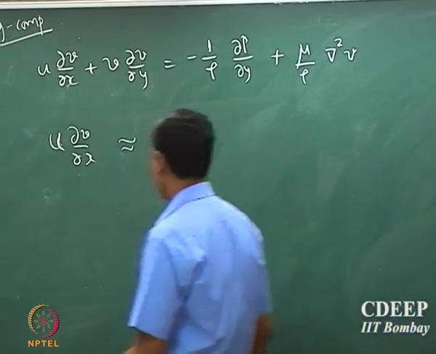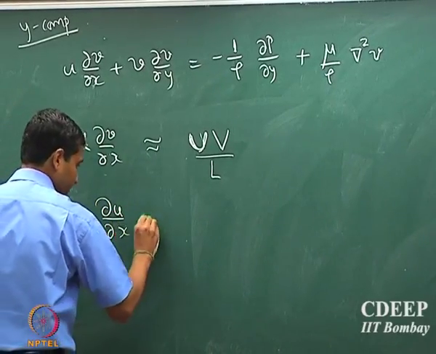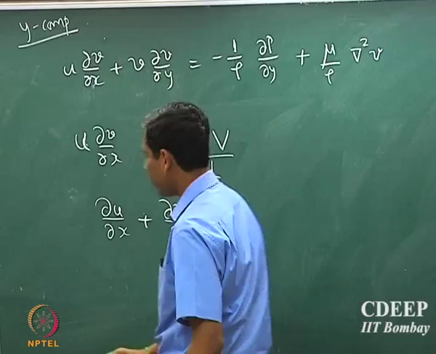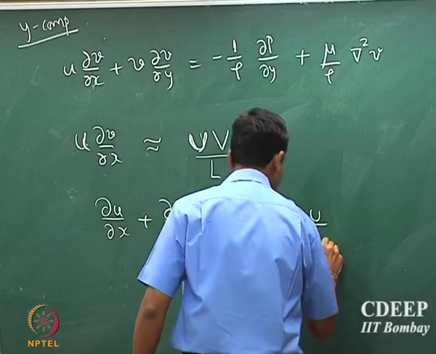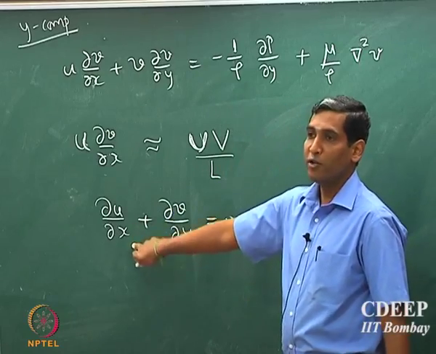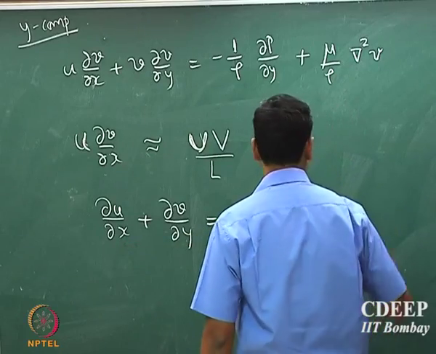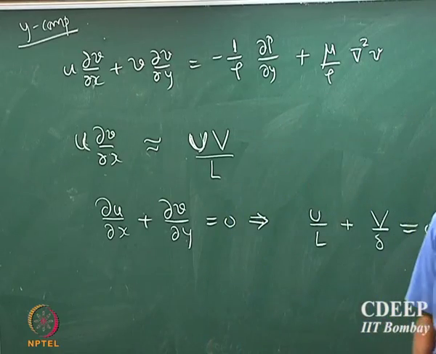We use the continuity equation. So from continuity equation you will have du by dx plus dv by dy, that's equal to 0. Okay. So from here you will see that U by L, which is the order of magnitude for u, and L is the order of magnitude for x, plus V by delta, that should be equal to 0, right.